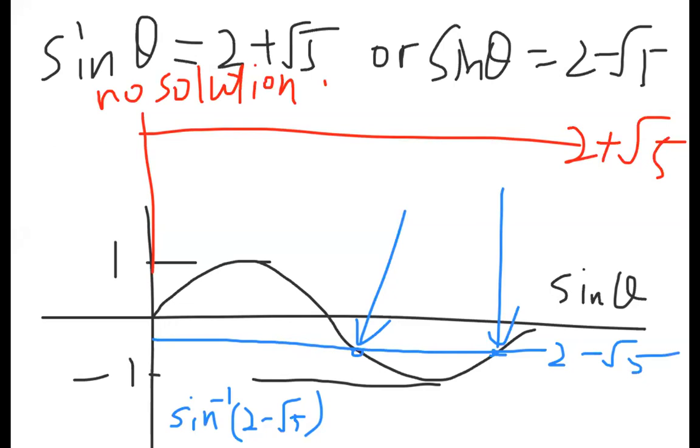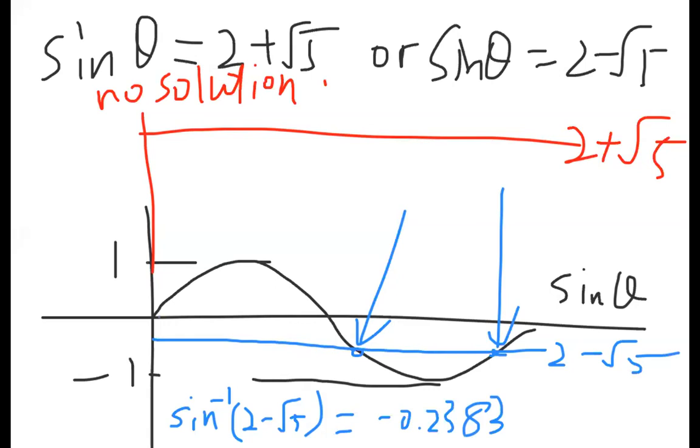But when you use the arcsine, this will return an angle between minus pi over 2 and pi over 2. So this actually would be a negative angle like this. This is not what we want, right?